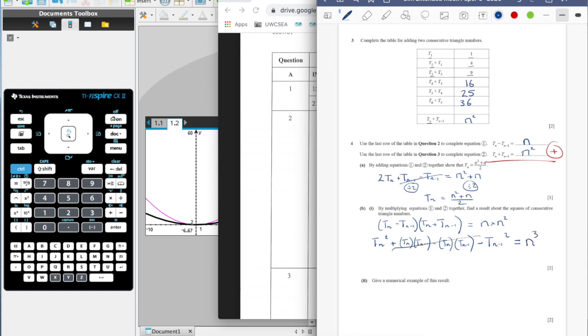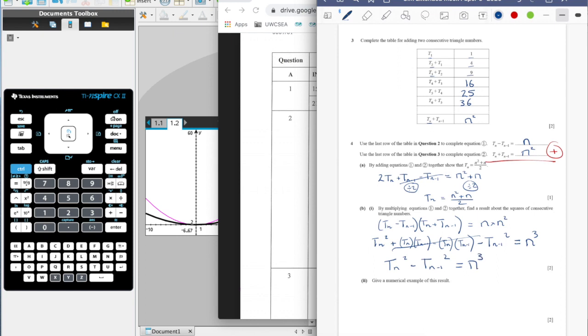As I said, these things go, and we're left with Tn squared minus Tn minus 1 squared. That will equal that n value cubed.